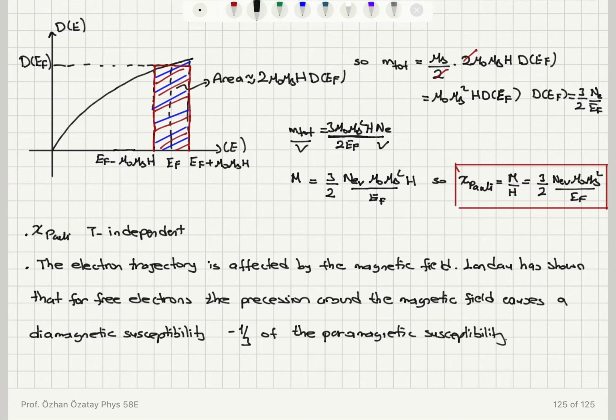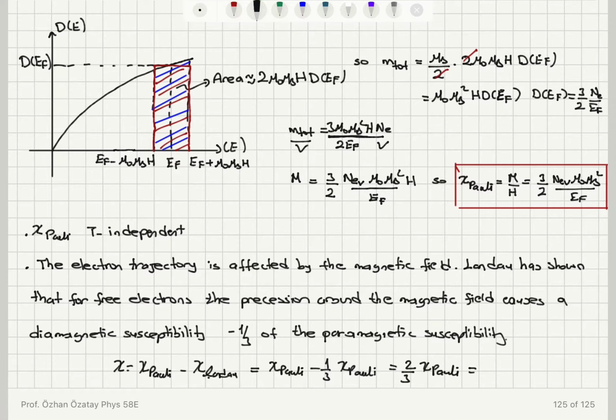So the true susceptibility, chi, is the Pauli susceptibility minus the Landau susceptibility. So we find that this is Pauli minus 1/3 Pauli, which is 2/3 of the Pauli susceptibility, and that ends up getting rid of this 3 over 2 up front.